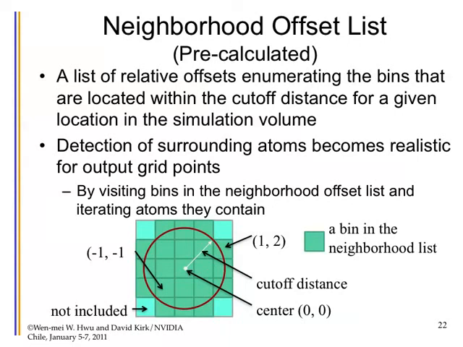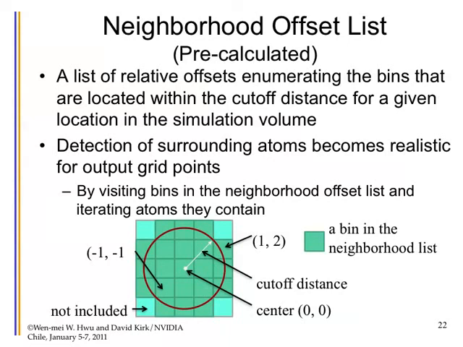Based on all the parameters given by the user, BMD will calculate all the grid spacing, decide all the bin sizes and so on, and then calculate, for a generic volume, the XYZ offset of all the bins that need to be examined.